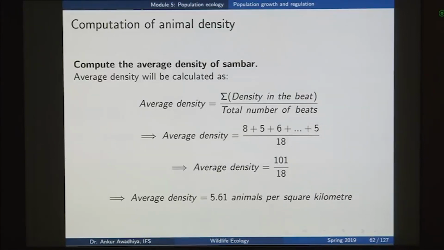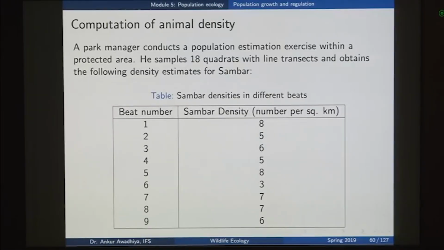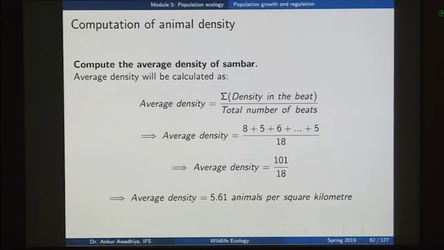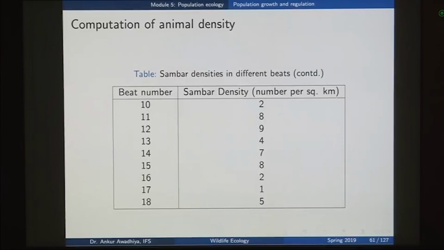Now, in this case, the average density of Sambars will be given by the sum of these different densities that we have in the table. We have 8 plus 5 plus 6 plus 5 and so on till the 18th value, which is 5.